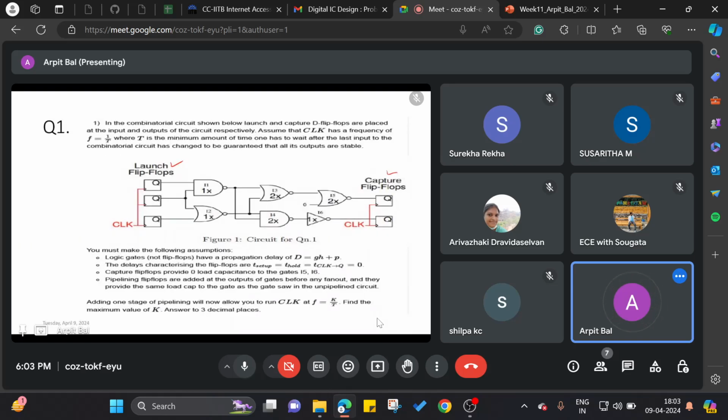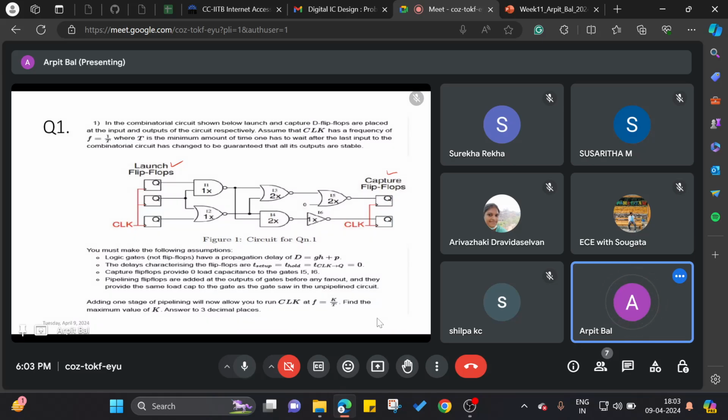You must make the following assumptions. Logic gates have a propagation delay of d equal to gh plus p, where g is your logical effort, h your electrical effort, and p is the parasitic effort. The delays characterizing the flip-flops are t setup equal to t hold equal to t clock to q, that is equal to 0.